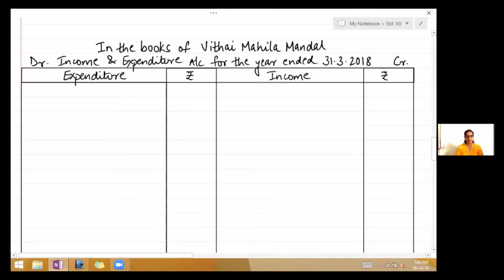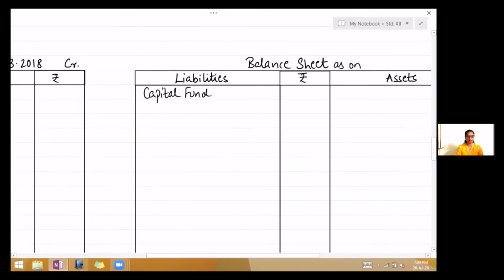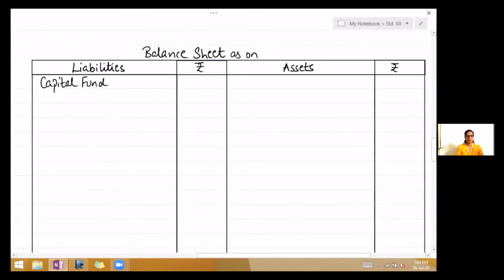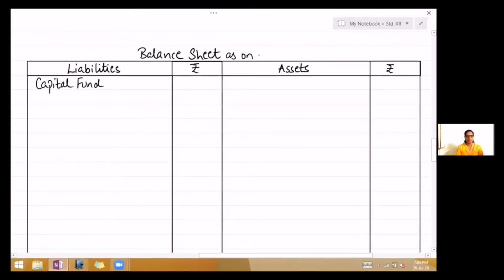Indicate debit, credit, write expenditure and income. Then come down, write balance sheet as on 31st March 2018. Liabilities, assets, and on the liability side, the first balance to be written is capital fund.